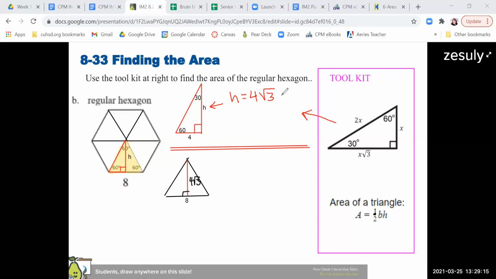So when I find the area of the triangle, I have area equal to 0.5, because I'm using the formula, that's my 1/2, times the base, which is 8, times the height, which is 4 times the square root of 3. I'm going to put the square root symbol in there in just a second. So this is 4 times the square root of 3.